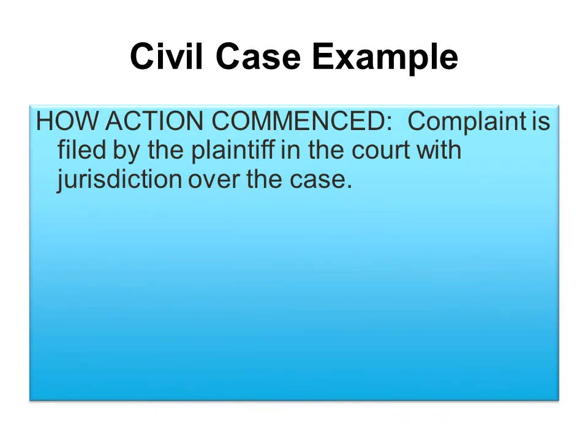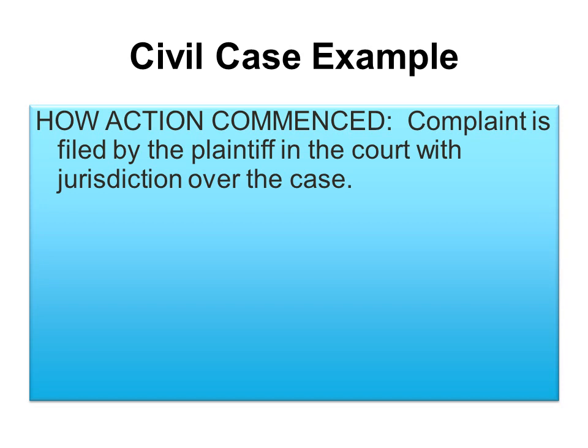So here's our example. The first thing that happens is a complaint is filed by the plaintiff in the court with jurisdiction over the case. Jurisdiction means power. It's their courts according to statute and the constitutions in some states. It depends, but there are different guidelines that only the court that has the power to resolve the claim can resolve it.